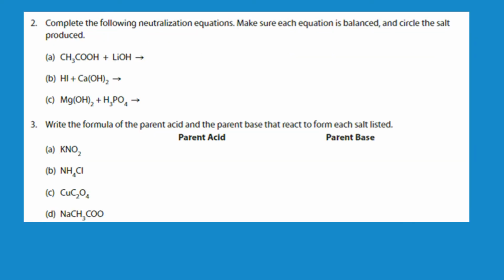Okay, next question here has us doing neutralization equations. If you'll remember neutralization equations from grade 10 chemistry, when we perform a neutralization, we get a salt and water as products. So we're going to put these together and get our salt and water as a product. With this, I have lithium acetate and water as product.